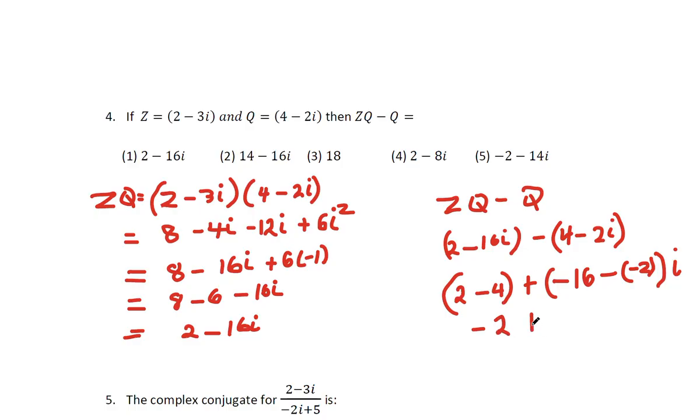Then this becomes plus negative 16, because negative multiplied by a negative here is going to be positive. Again, negative 16 plus 2 is going to be negative 14i. So this can simply be expressed as negative 2 minus 14i, which is option 5.